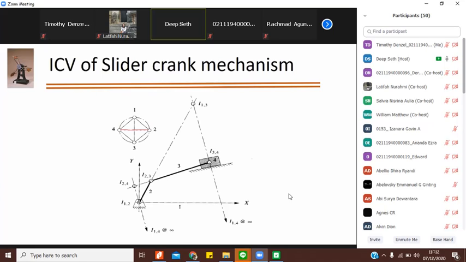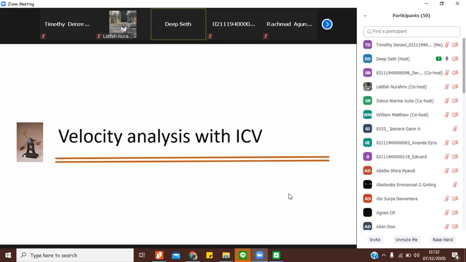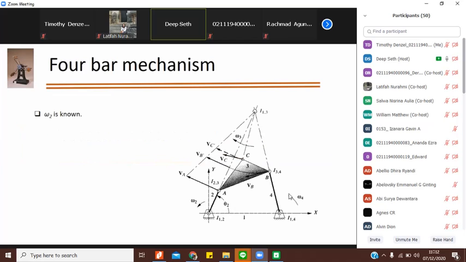Okay. Now the velocity analysis of ICBs, how you can find the velocities from the ICB. So let's say I13, okay, and you know omega 2.